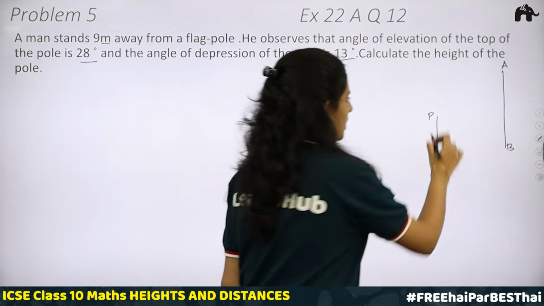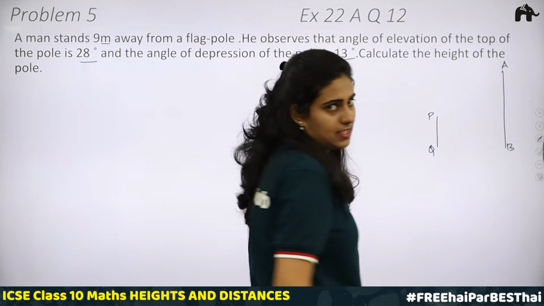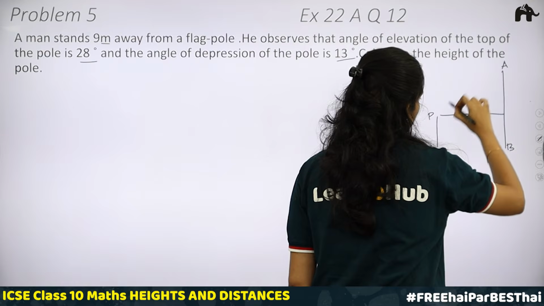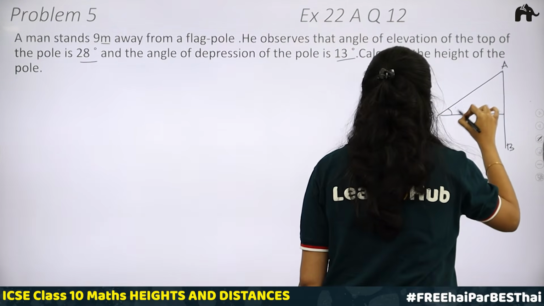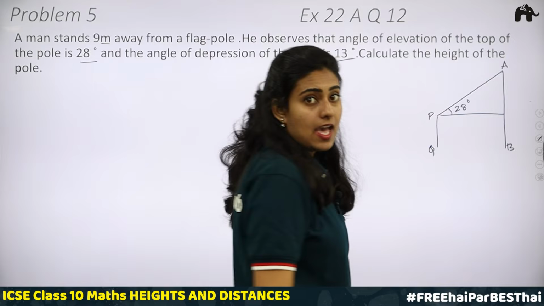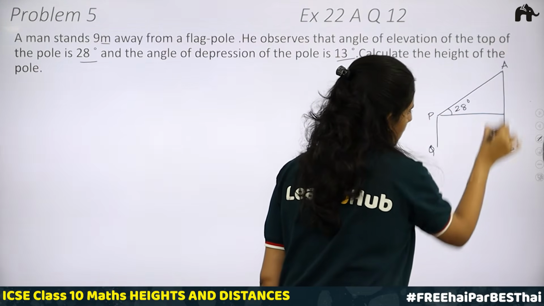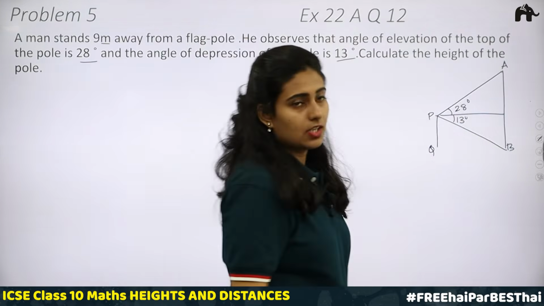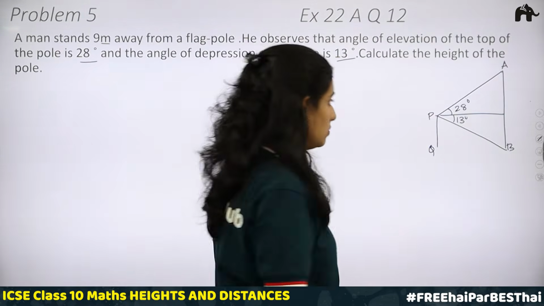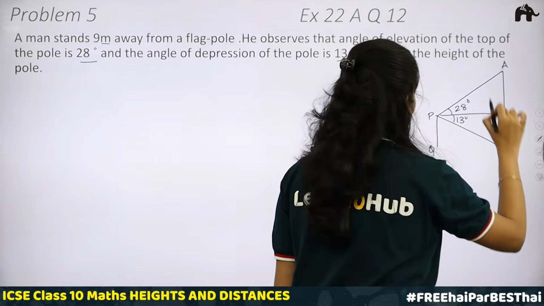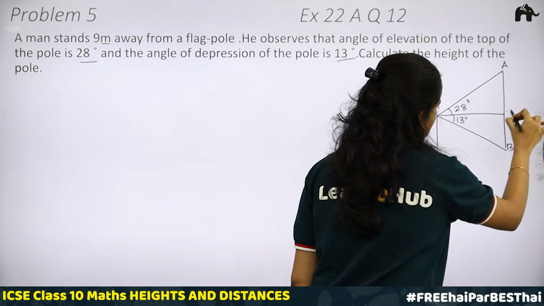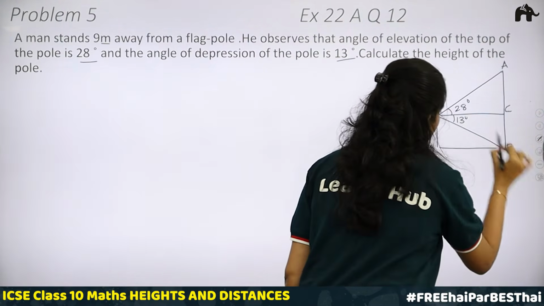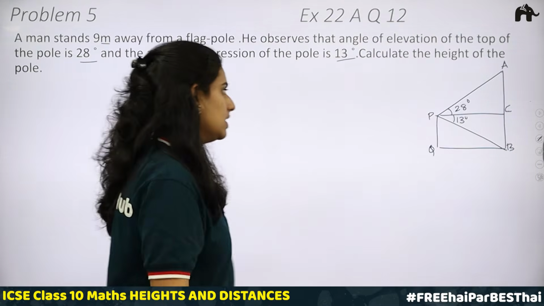Now what is given? Here is where we have the eyes of the person. Now this is the horizontal line. The angle of elevation to the top of the flagpole is given as 28 degrees, and the angle of depression to the base of the flagpole is 13 degrees, which is given in the question. What we have to find is the height of the pole, this total height. Let us take this point as some C. We have to find what AB is.